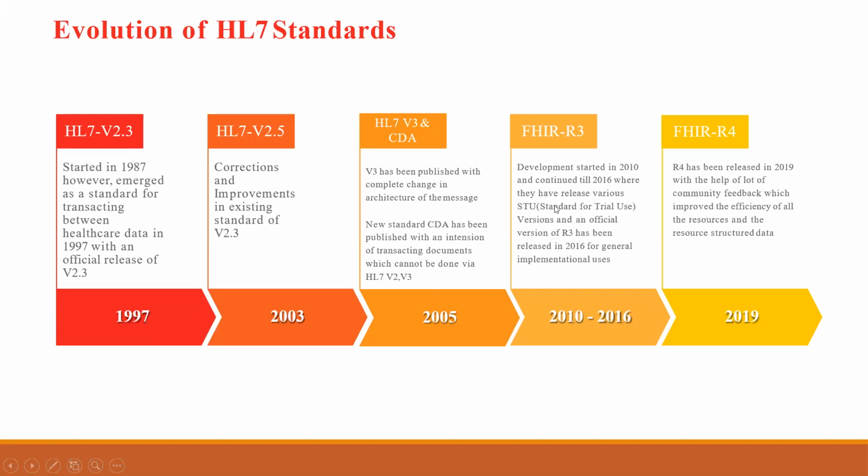As you can see, STU, R3, R2 and all are mentioned as STUs, which means they are the draft versions of the standard used for trial purposes. But R4 is released as one of the normative version. What is normative and all, we'll take a look at that down the line, but just consider or assume that it is a standard version of FHIR.